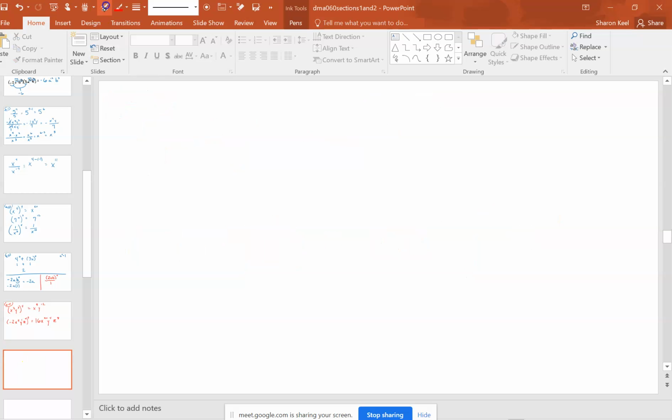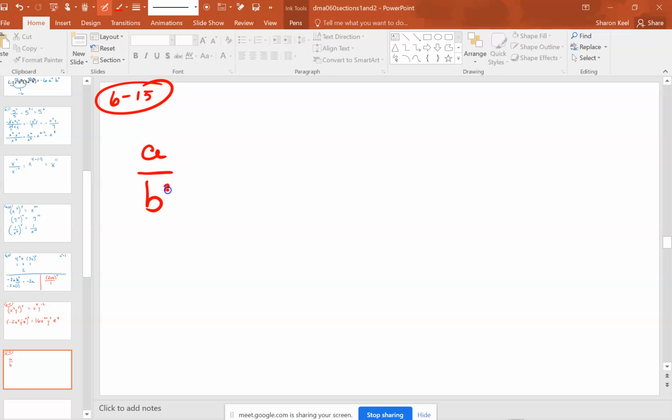Okay, let's look now over on page 6-15. On that page, now these are written as a fraction. And fortunately for these, we have parentheses around the entirety of the problem. Okay, so we have x, y.